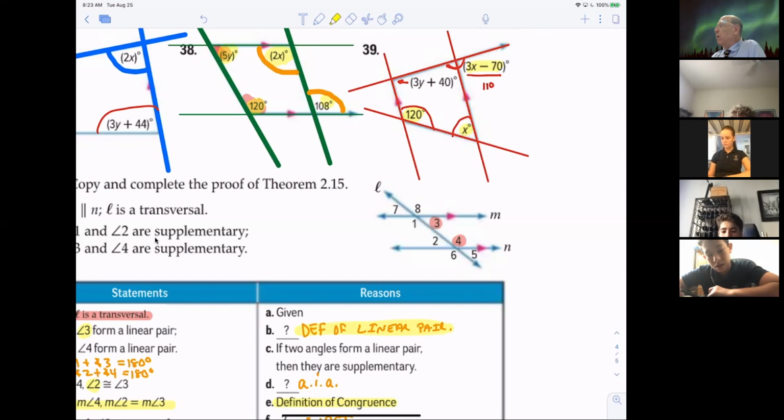And that way you don't have two variables anymore. So you just go ahead and mark it as 110. Yeah, because it is 110. Because why? X is what? X is 60, right? So then I just plugged 60 in and found the measure of that angle. You with me now, right?